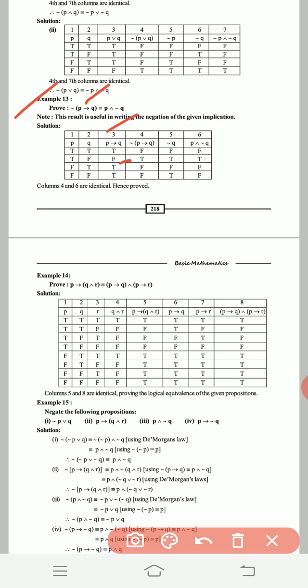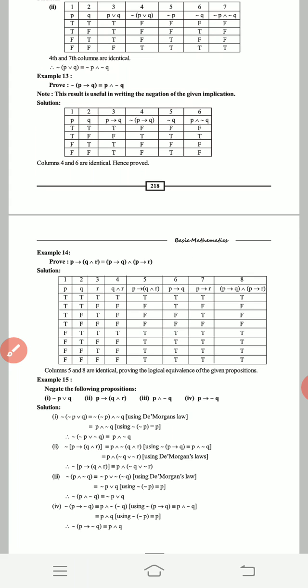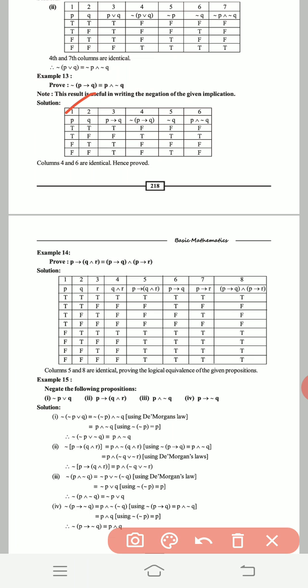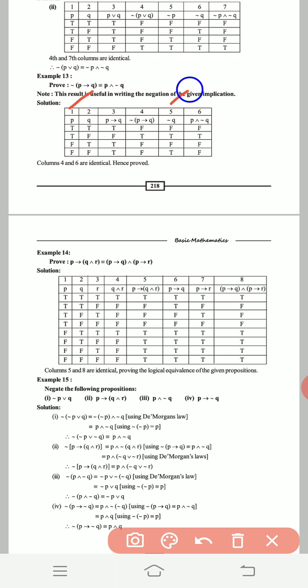Next, negation of the third column: false, true, true, true becomes false, true, false, false. Okay, LHS is over. Next, P and negation Q. The first column is P. Find out negation Q. Negation Q is false, true, false, true. Okay. P and negation Q, from the first column and fifth column: true, false, false.